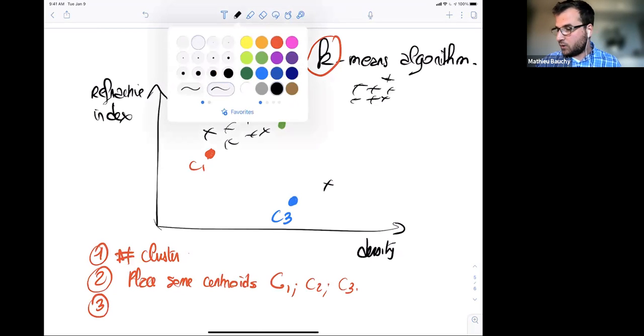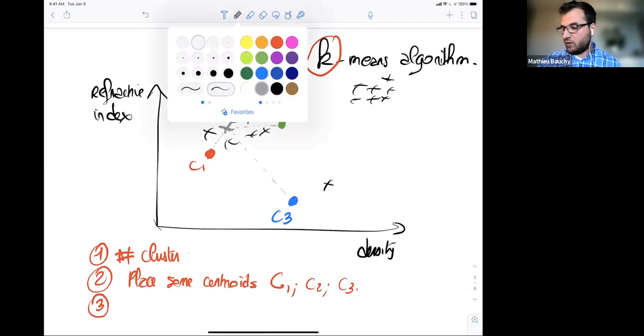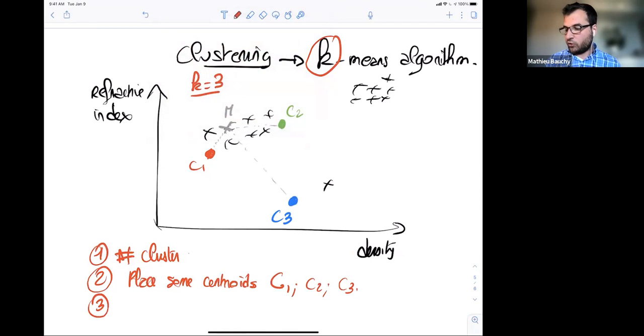So for example, let's assume that I take this data point here. I'm going to calculate the distance between this data point M and the centroid C1, the distance between M and the centroid C2, and the distance between M and centroid C3. Based on that, I find that C1 is the closest. So I will assign the point M to the centroid C1.